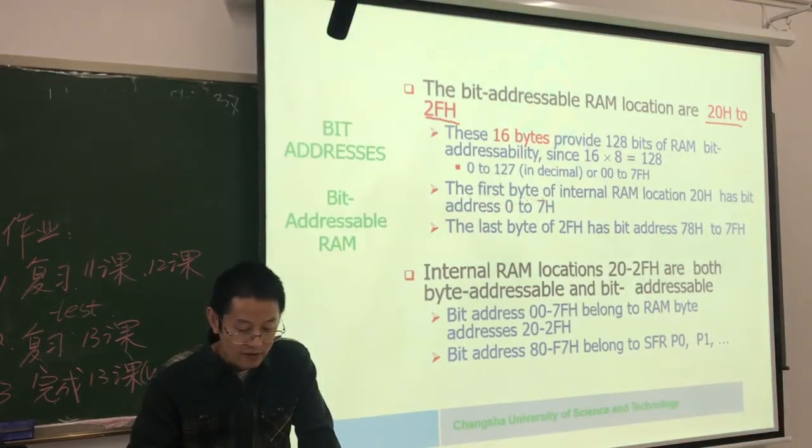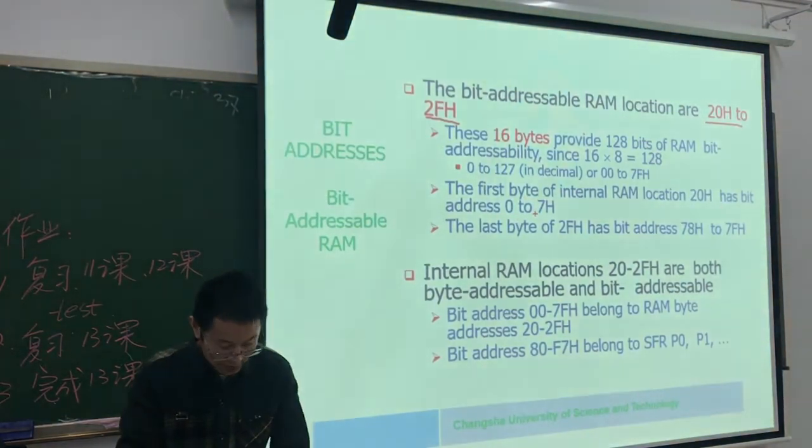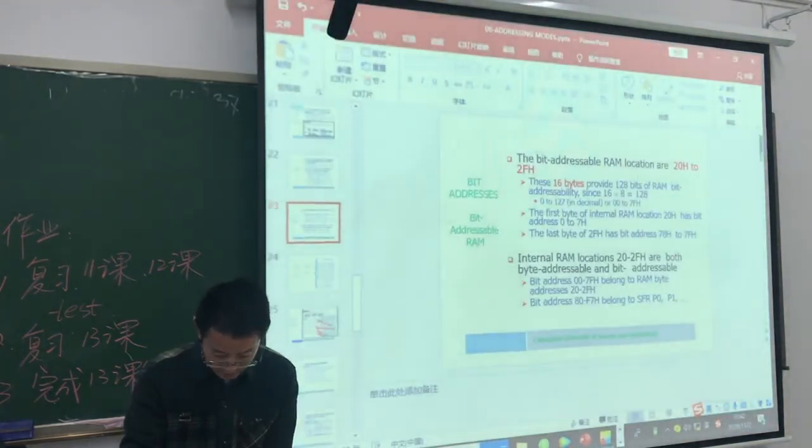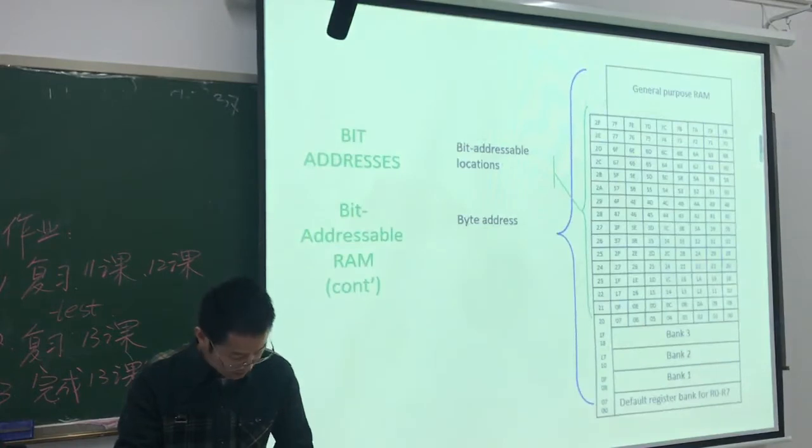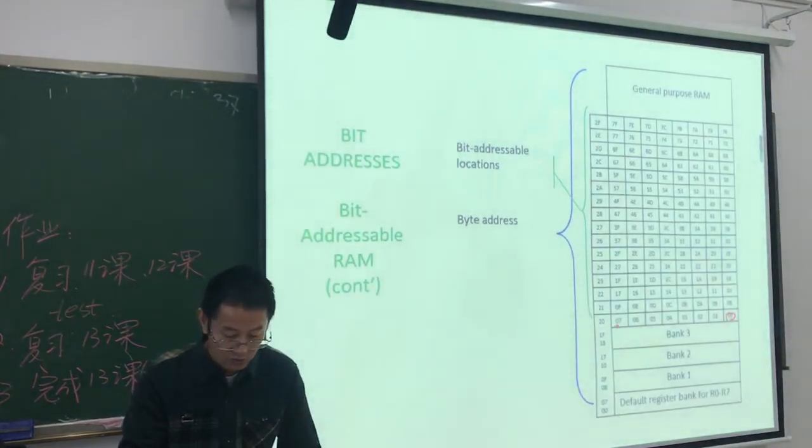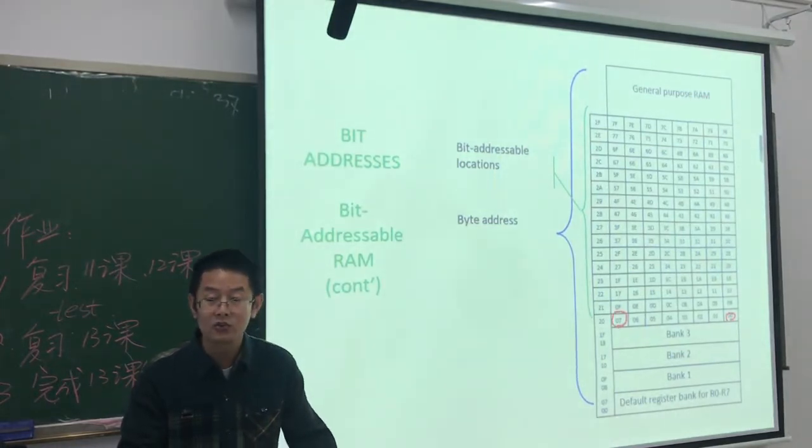The first byte of internal RAM location 20H has bit addresses 0 to 7H. You can see 0 to 7.